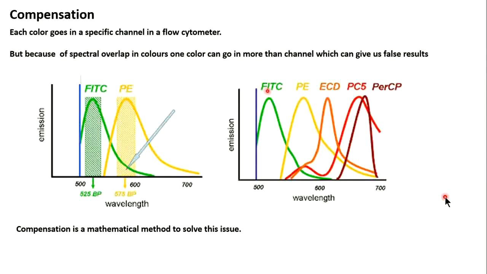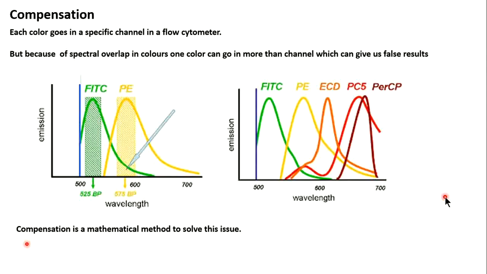If you are using these many dyes, 1, 2, 3, 4, 5, then you can see everybody is overlapping everybody else. So we use a mathematical method which is called compensation. It is automatically built into the instrument, but if you are having the knowledge of integration and partial differentiation, then you can also do the compensation. But nowadays we just use the software and it is done.